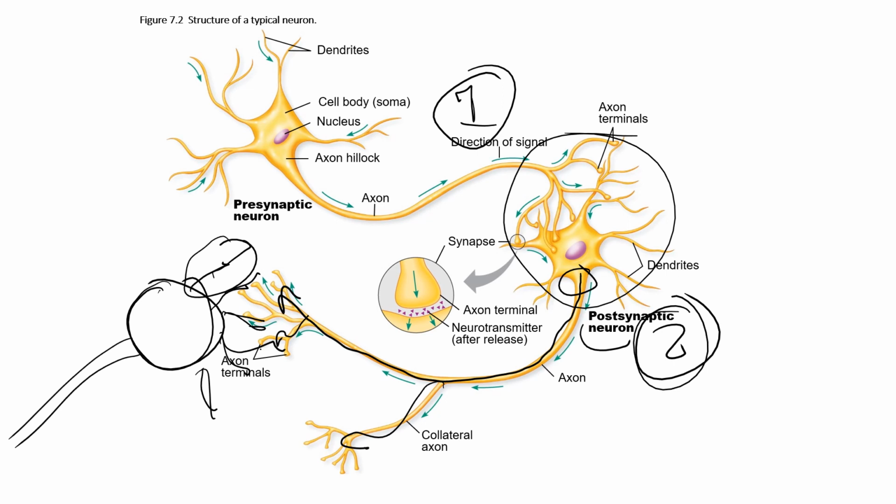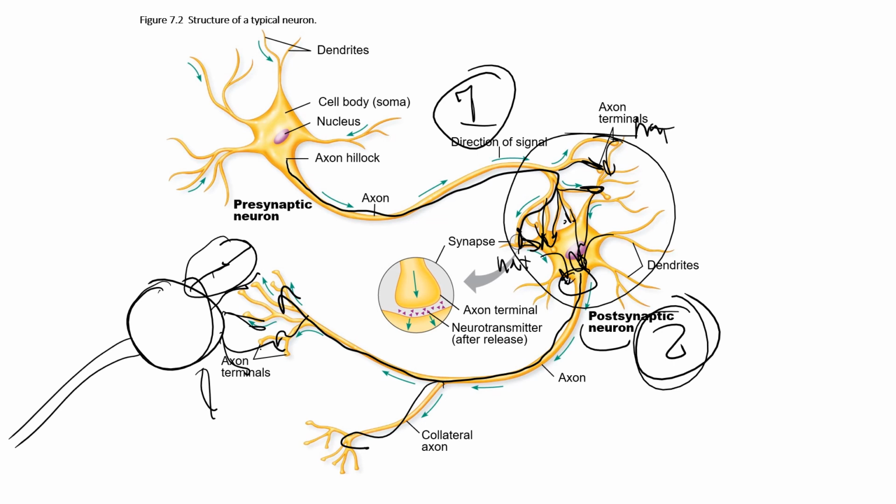Okay. So neuron number 1 generated an action potential. It actually generated around 100 action potentials per second. And neuron number 1 then released a lot of neurotransmitters onto neuron number 2 over the course of a second. That allowed enough sodium ions to come in to neuron number 2 so that enough sodium ions actually got into the hillock of neuron number 2 to make the hillock rise to threshold. 15 millivolts more positive.